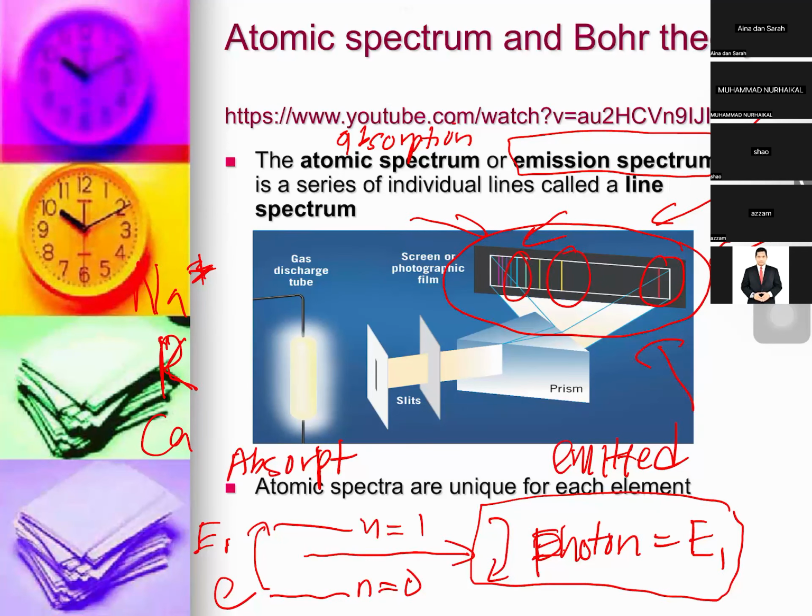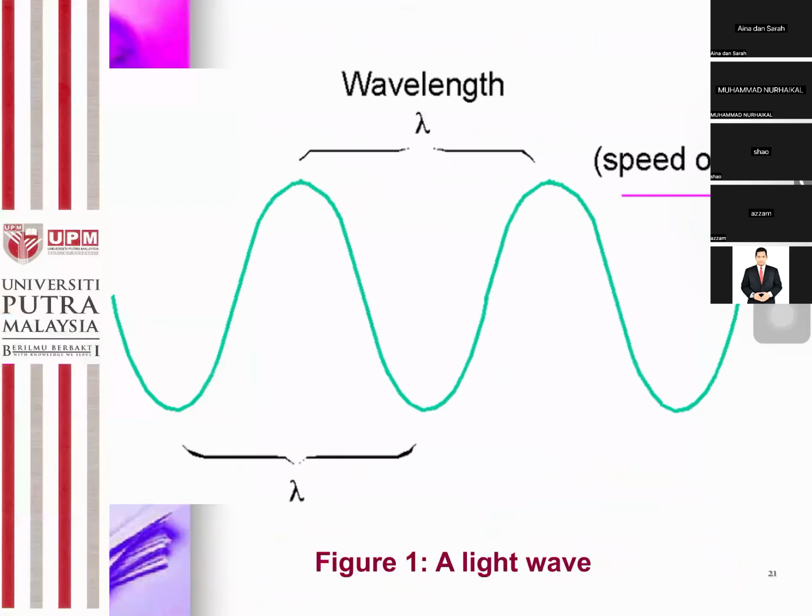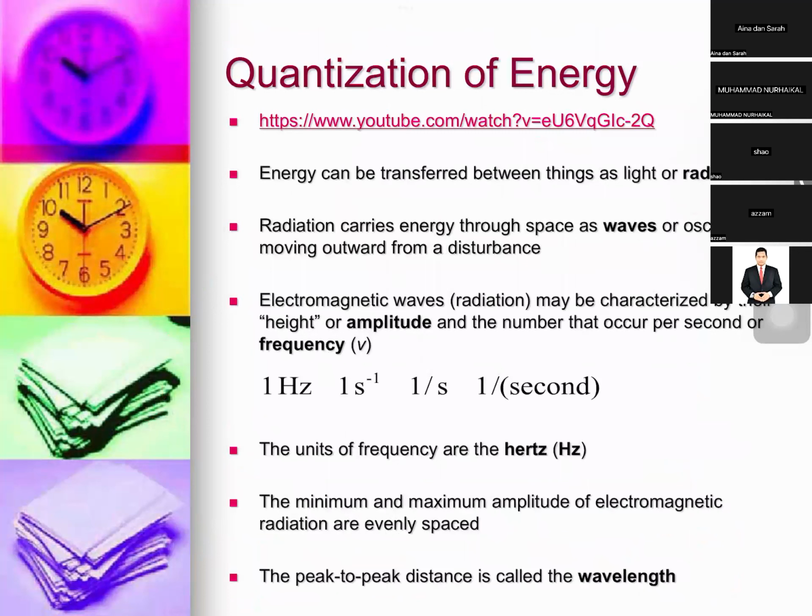So this relates back to quantization of energy. This is the most important thing that I want you to understand. I mean, you have gone through it in CHM3000. Quantization of energy means that the energy is fixed. If the electron receives 20 kilojoule, it can only go to the orbital that suits 20 kilojoule.